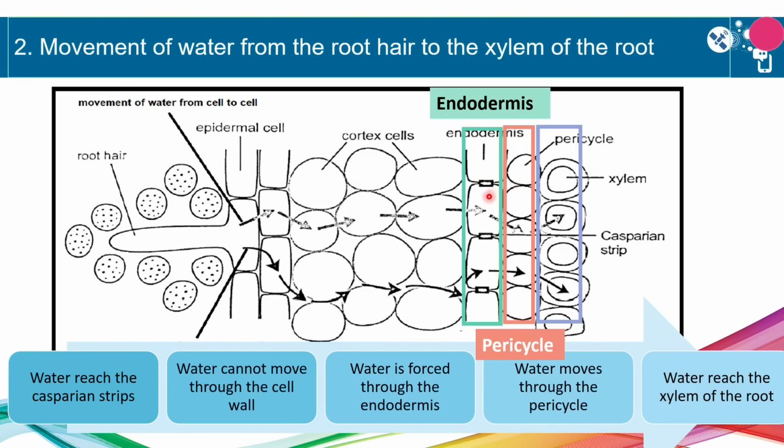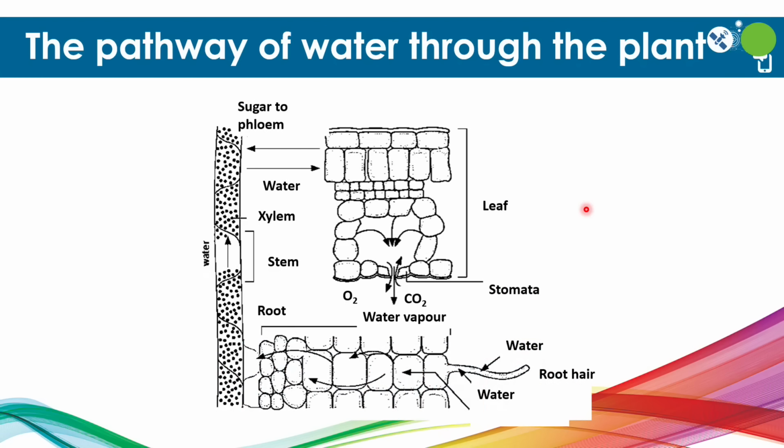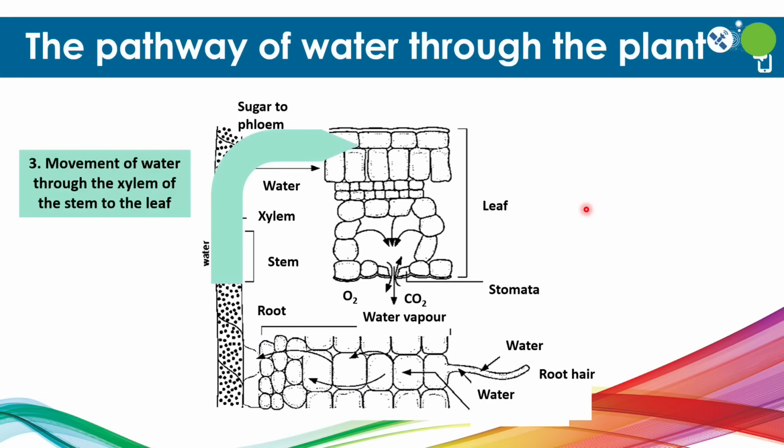Then from the endodermis it will move through the pericycle, and then voila, it finally reaches the xylem. Right, and that is then the happy day, because now the water can finally be transported from the root to the stem.